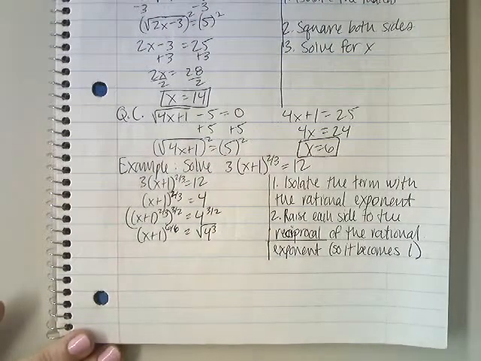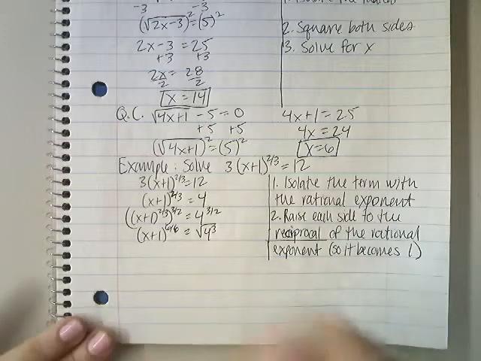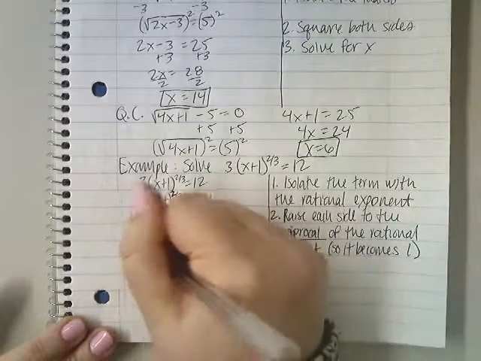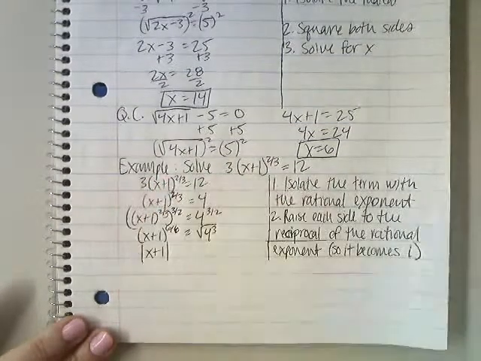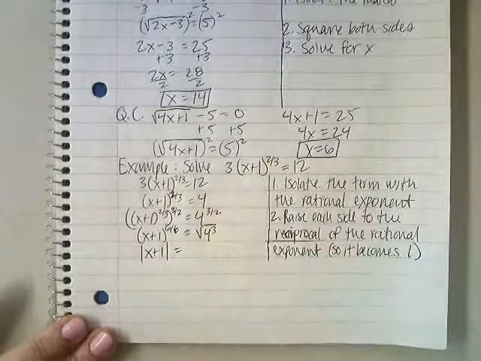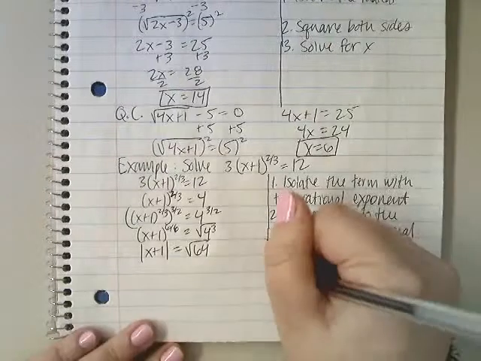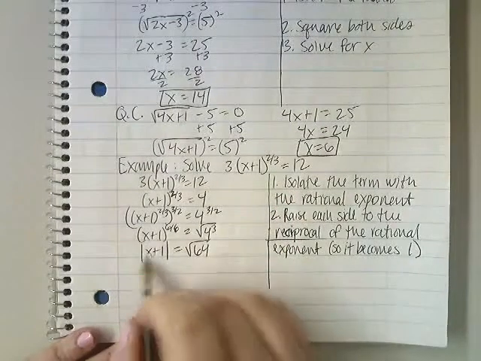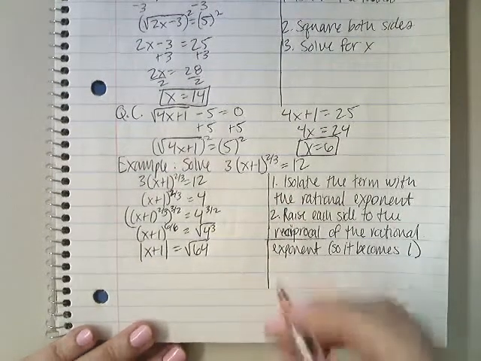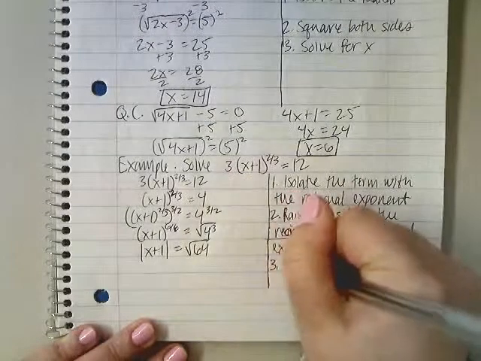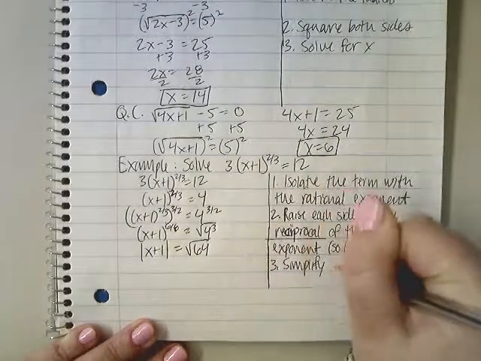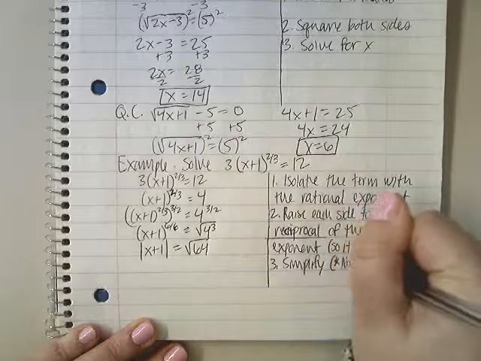So then if I evaluate the right side and simplify the left, I end up with the absolute value of x plus 1, and I'll address that in a second, equals the square root of 64. So 4 to the third is 64 when I simplify that. The reason I have to put this in absolute value, so step 3, I simplified, and I'm going to put a little star note.